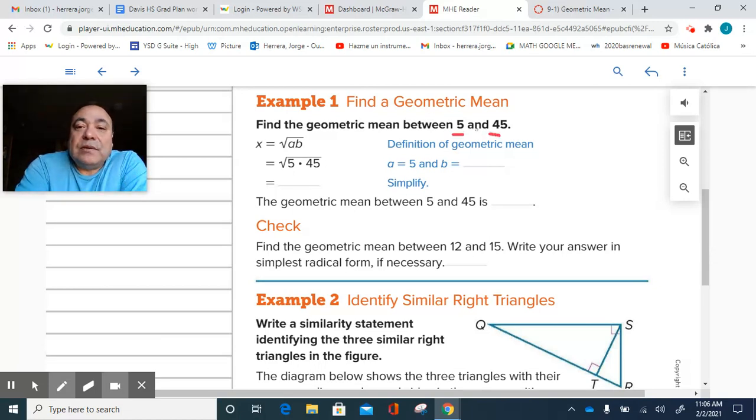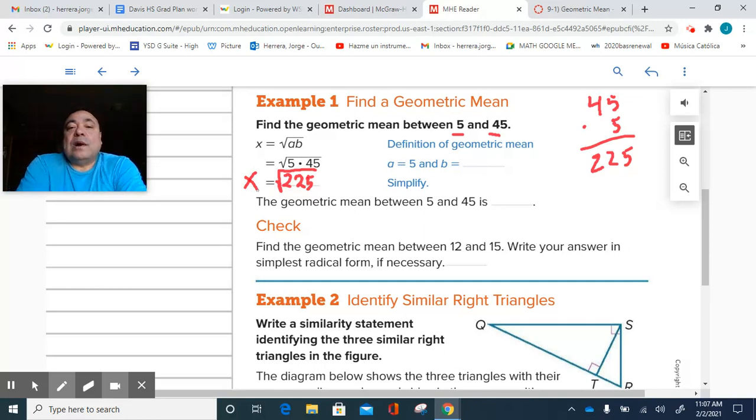And of course, if you don't want to use a calculator, you can always do this and put it on the side, and multiply that. I think it will be 225. Is that correct? I believe it is. So then we put 225 right there under the square root, and we still have an x. So what is the square root of 225?